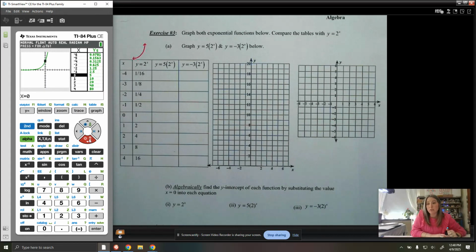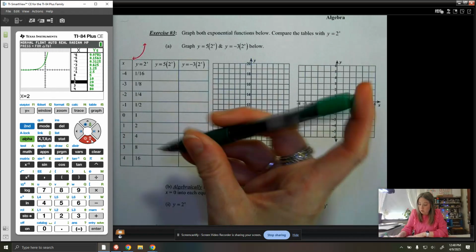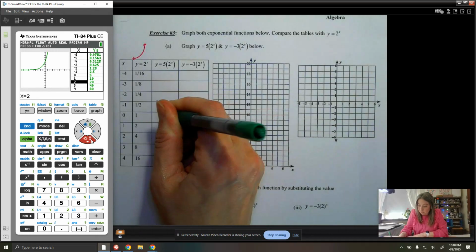What happened to my y-intercept? Well, it's (0, 5). Okay. As I'm arrowing, 1, then 10, 2, then 20. Oh, it's like the last point I'm going to be able to fit. My asymptote remained the same because I didn't add or subtract anything on the end. However, my y-intercept is now (0, 5).